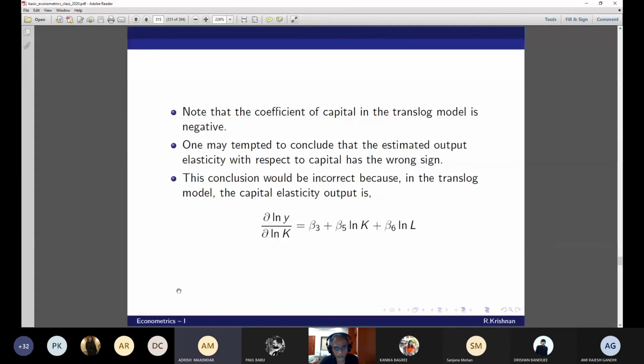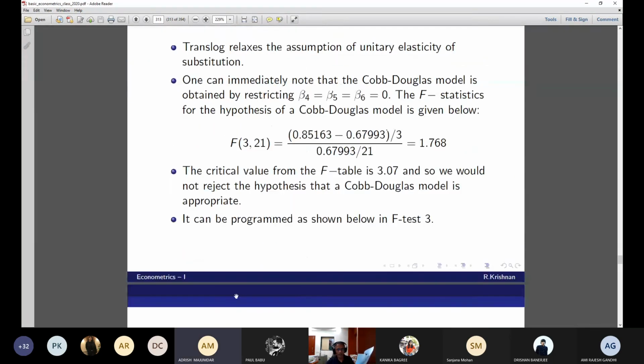Sir, one thing I didn't understand: how are you calculating this? How is the calculation of F being done here? The F statistic for beta 2 plus beta 3 equal to 1 and beta 4 plus beta 5 plus 2 beta 6 equal to 0. How do you calculate it? Okay, now look at this. This is how it is done.